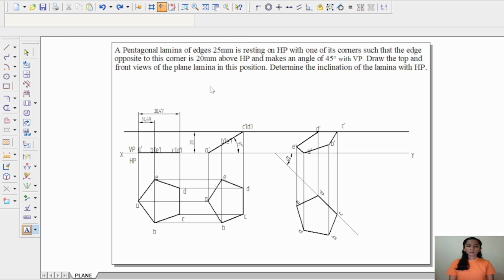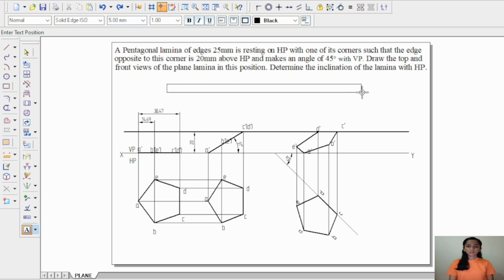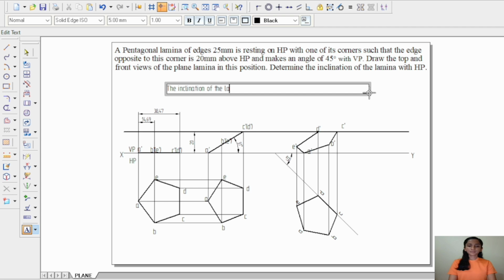Now select text option. The inclination of the lamina with HP is 31, and to mark the degree, use the character map.